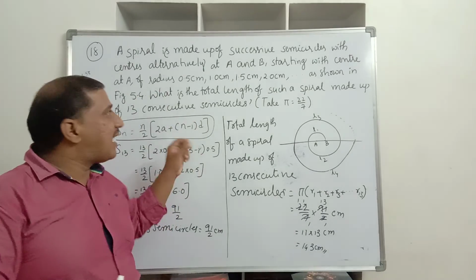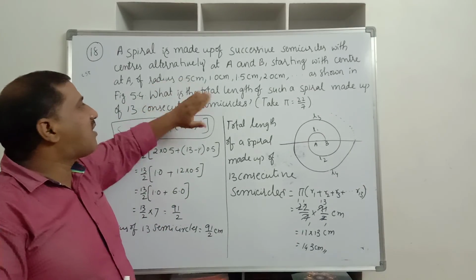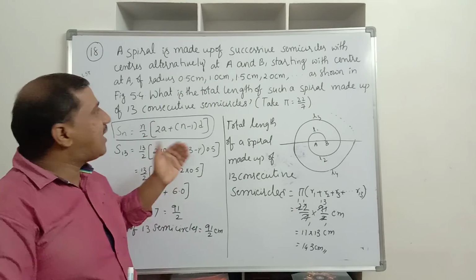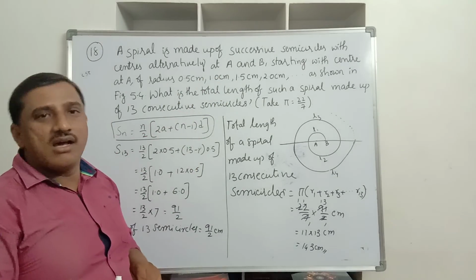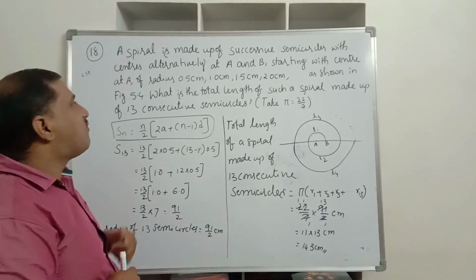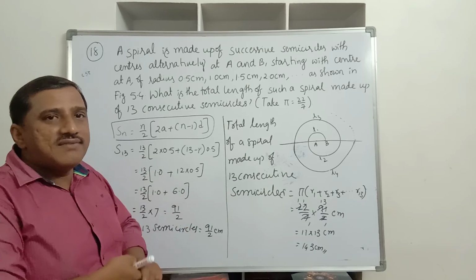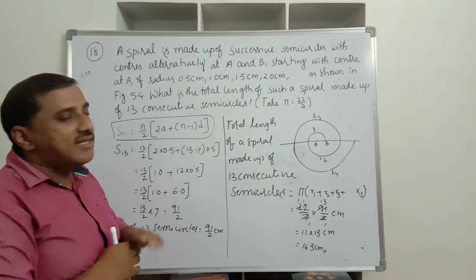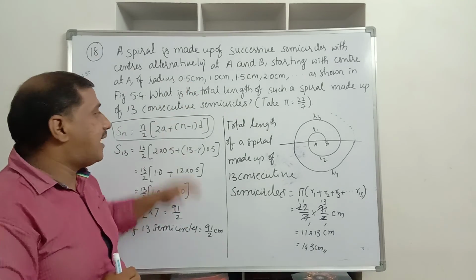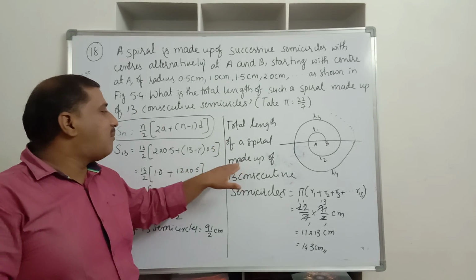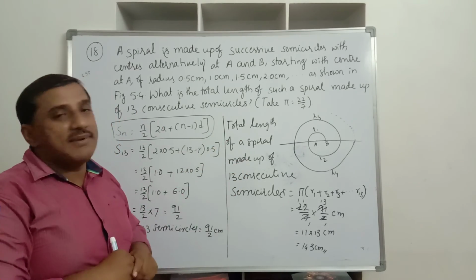Take the first term as 0.5 and the common difference a2 minus a1, which is 1.0 minus 0.5, that is 0.5. We have d, and n is 13. Then we first find the total of the radii of the 13 semicircles. Then finally we need to find the total length of the spiral made up of 13 consecutive semicircles.